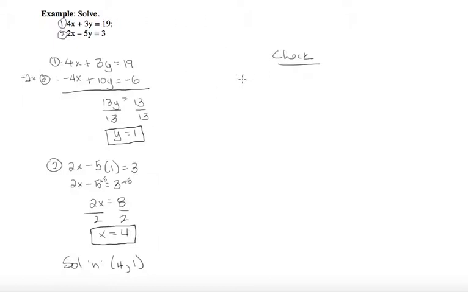So to check in 4x plus 3y equals 19, and then we're going to check in 2x minus 5y equals 3. Here we're going to have left-hand side and right-hand side.